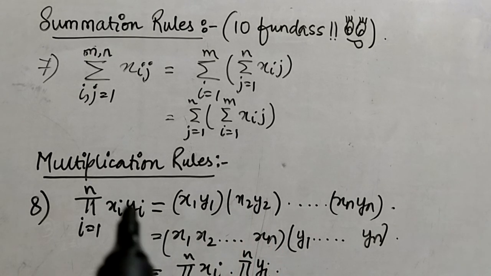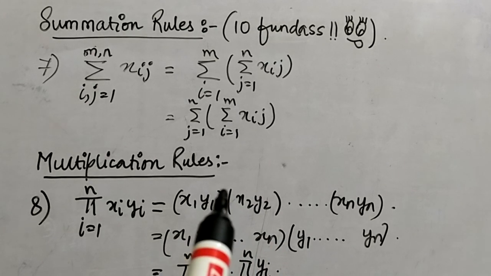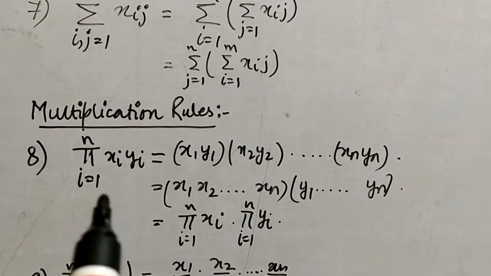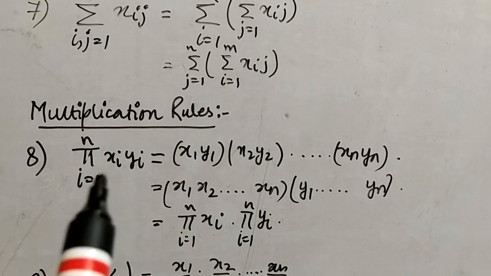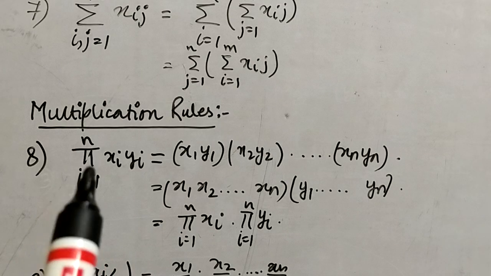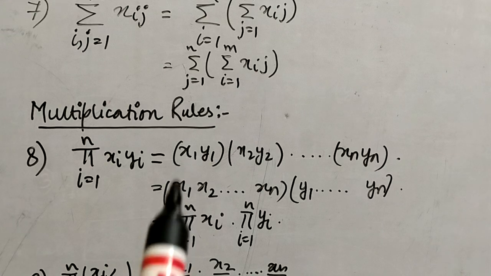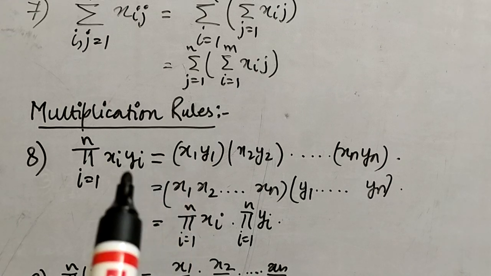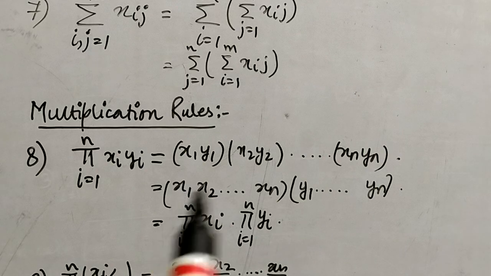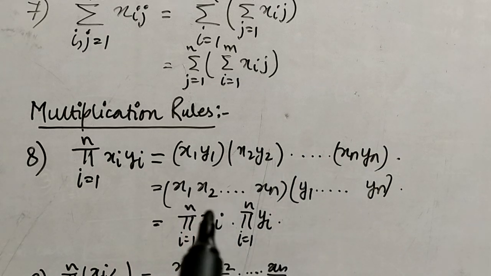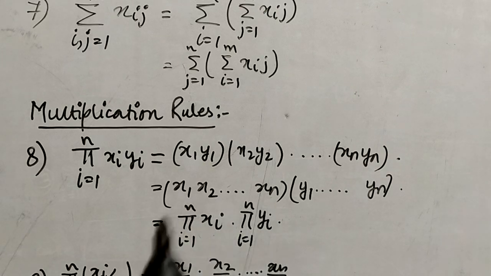Now, whenever we have to multiply all the variables, what do we have to do? This is my next funda, funda number 8. This is the multiplication sign, the Greek capital letter pi. I'm breaking the whole steps down. You just have to break i equals 1 to n, club all x and y variables on one side or the other, and then you can multiply it, and that's the formula for multiplication.